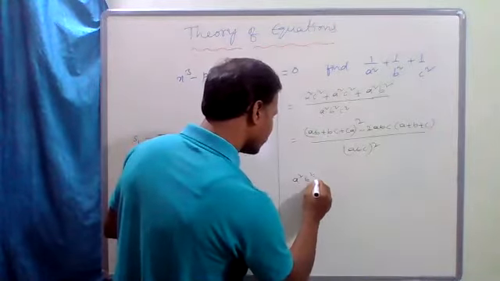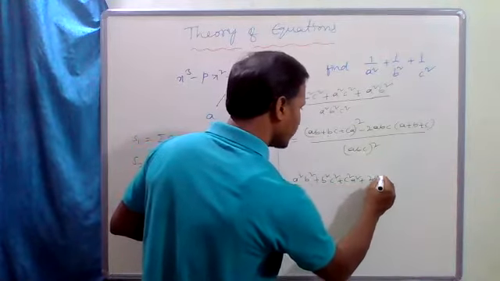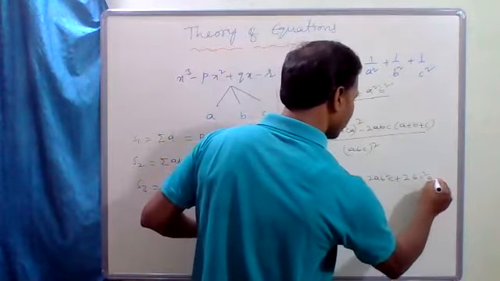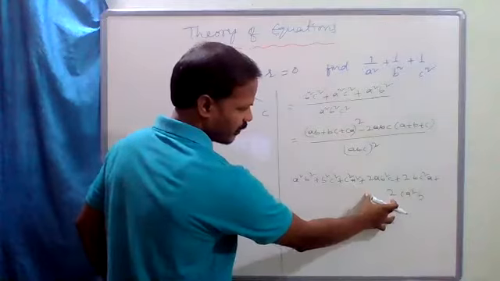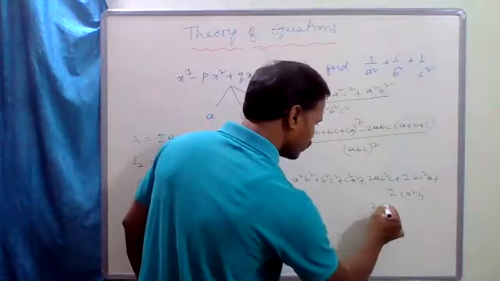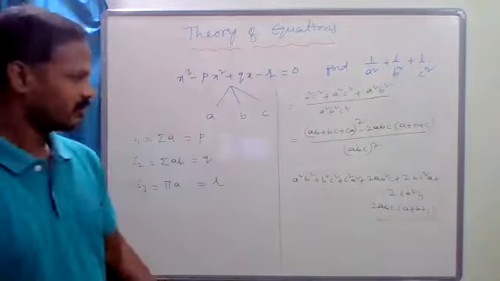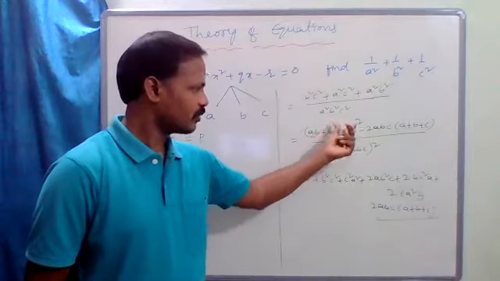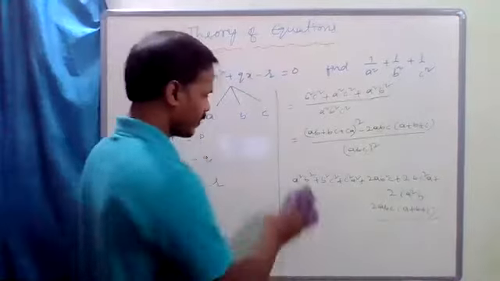A square B square plus B square C square plus C square A square plus 2AB square C plus 2BC square A plus 2CA square B. If you expand this, you will get this. Now here ABC, ABC, ABC take common: 2 into ABC into (A plus B plus C). So this expression equals (AB plus BC plus CA) whole square minus 2ABC into (A plus B plus C). Okay, fine.